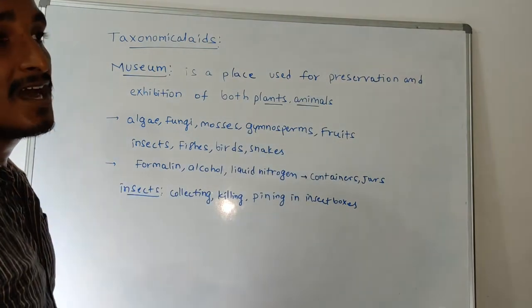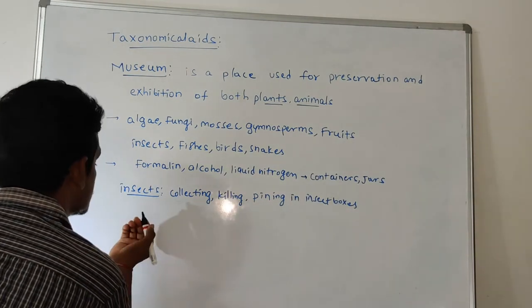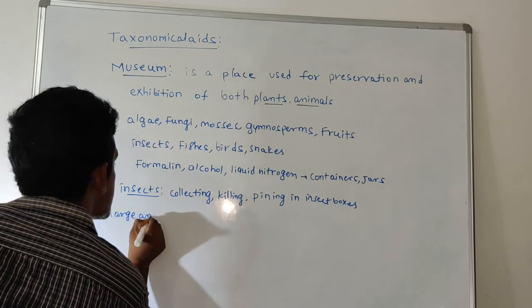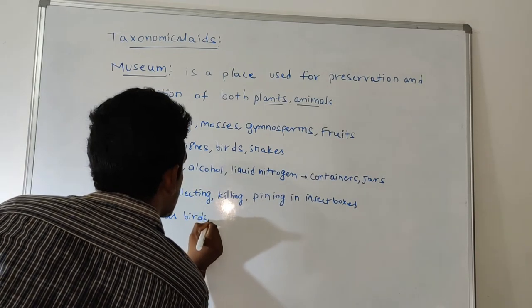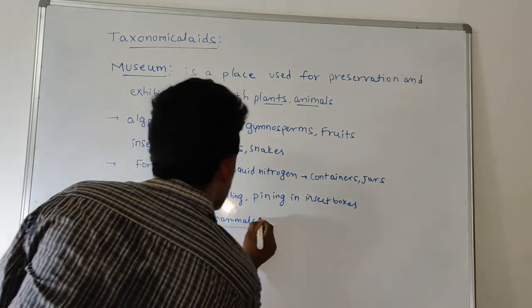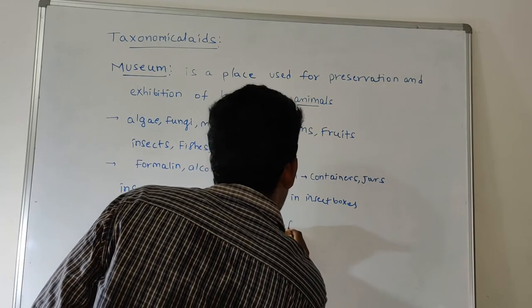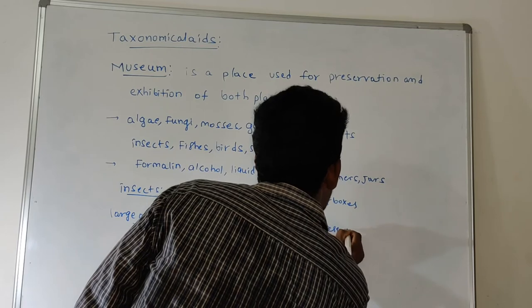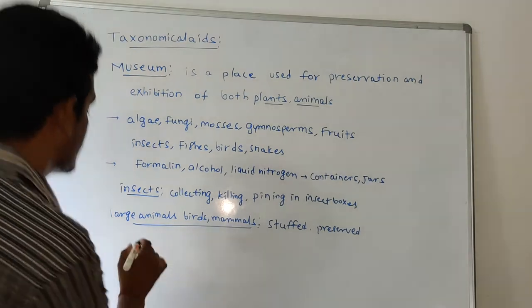Larger animals like large birds and mammals can also be preserved. First they are stuffed and later preserved. Some animals can also be preserved in skeleton forms.